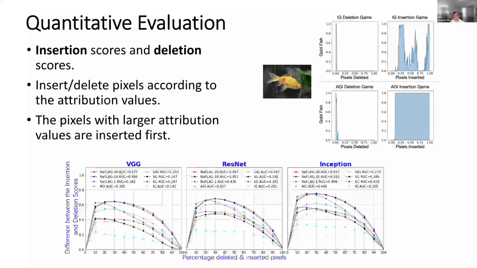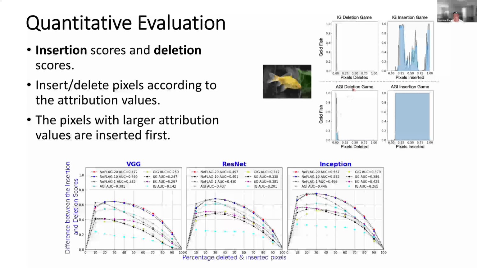For example, in the deletion score here, we delete the most important pixels, here actually just 1%, and you can see the prediction performance drops to 0. That means the prediction label is completely based on this 1% of pixels, which are real features.